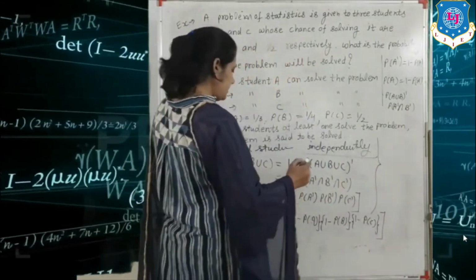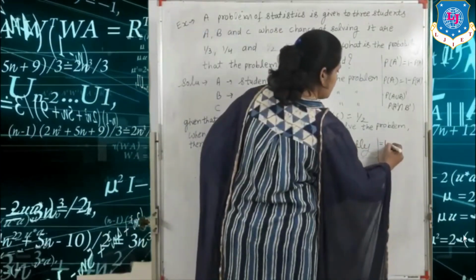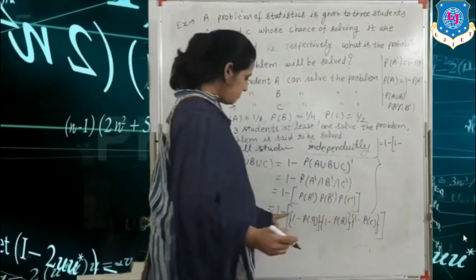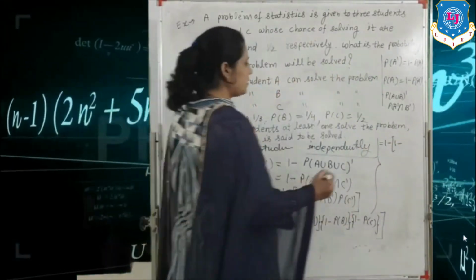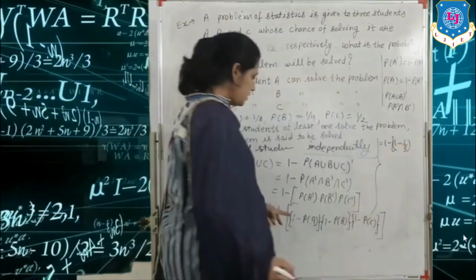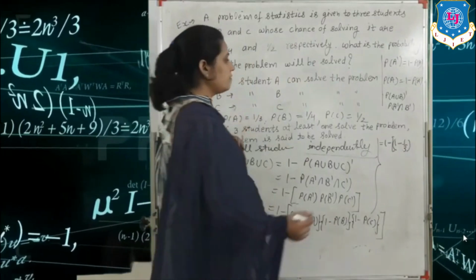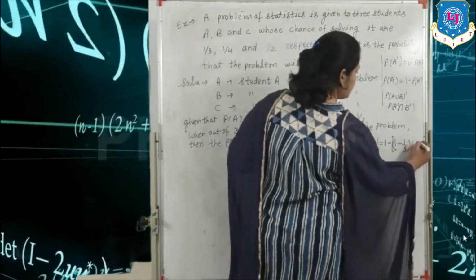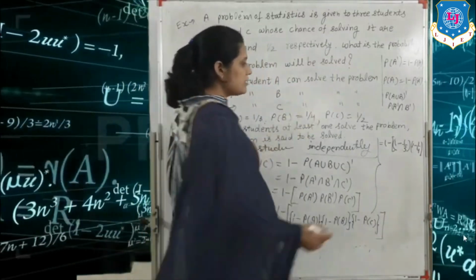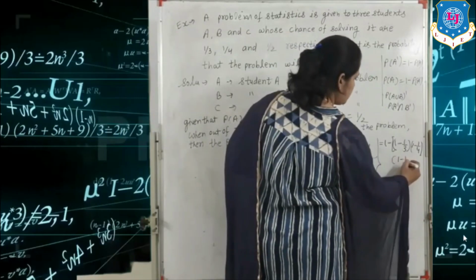So we find the value 1 minus (1 minus P(A), 1 by 3), (1 minus P(B), 1 by 4), so 1 minus 1 by 4, and P(C), 1 minus 1 by 2.